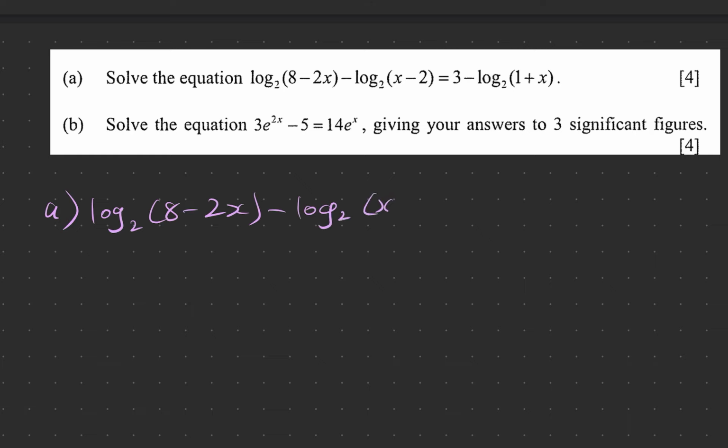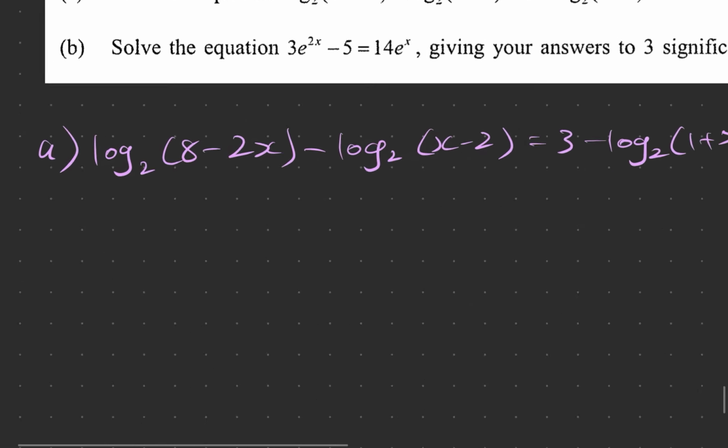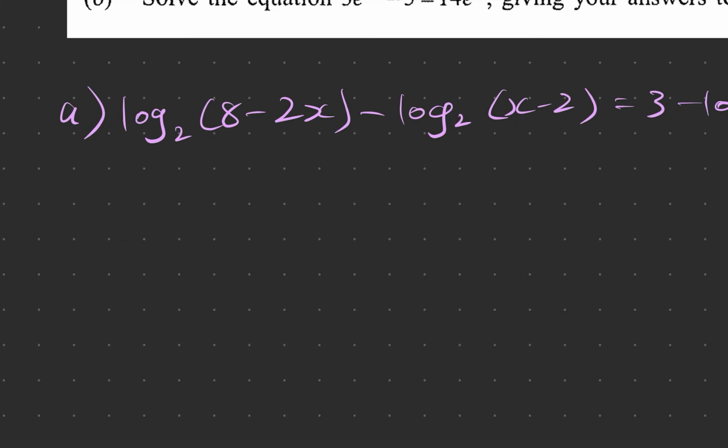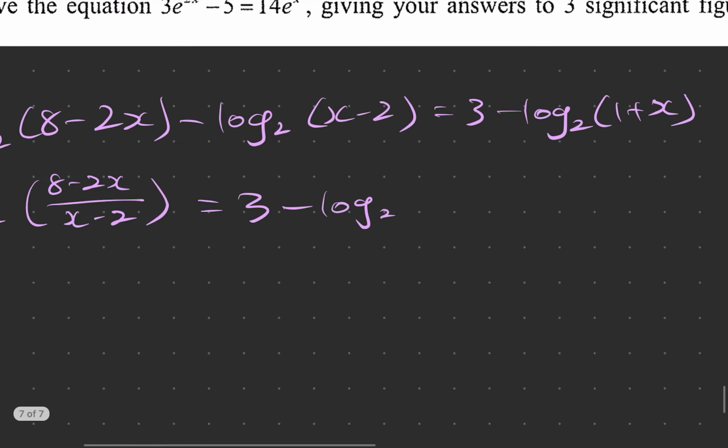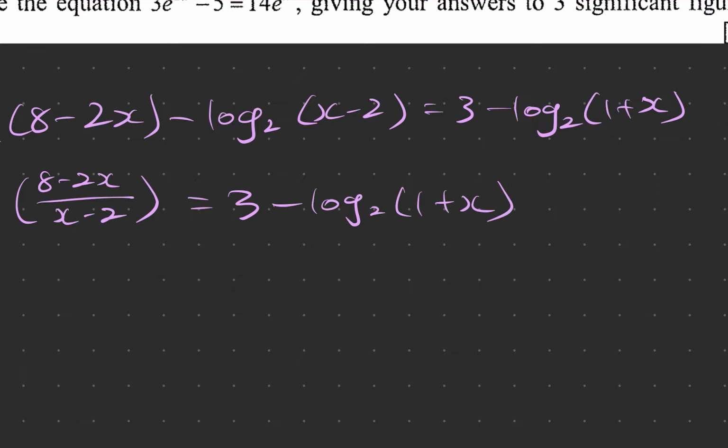Hold on, let me just write out everything. So this is the question. This is what we got. So I'm going to use the quotient law to combine these two logs together first. So log base 2 of (8 minus 2x) over (x minus 2) equals 3 minus log base 2 of (1 plus x).